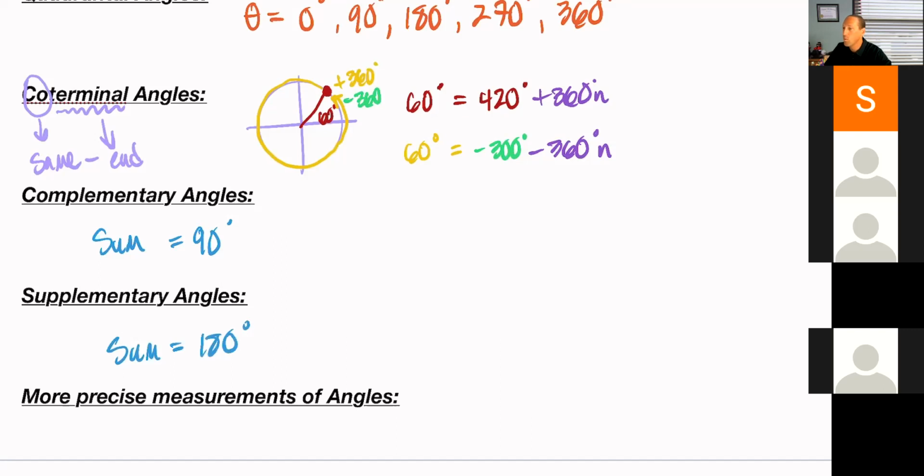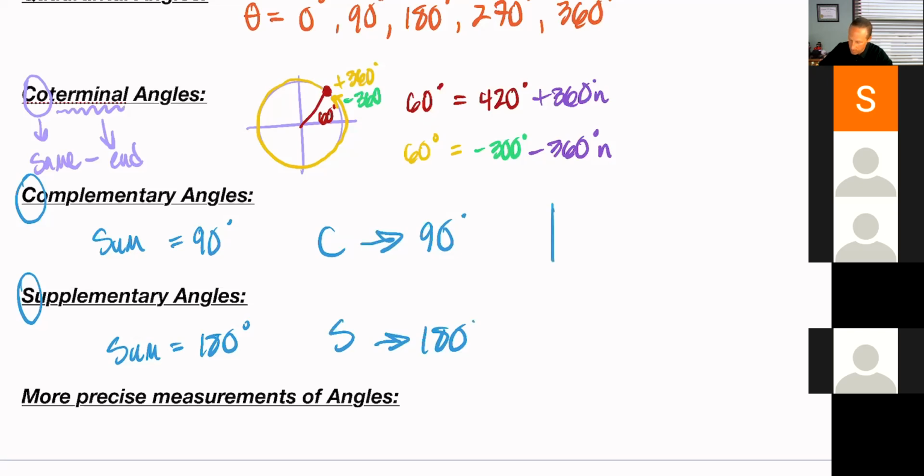And how are you going to remember which one is which? It's very simple. Use the alphabet. C comes before S in the alphabet. 90 comes before 180 when you're counting. So complementary is the 90-degree sum. Supplementary is the 180. What do those look like? A right angle. And if I had it split and I had angle 1 here and angle 2 there, we know together they would have to add up to 90, or that straight angle.